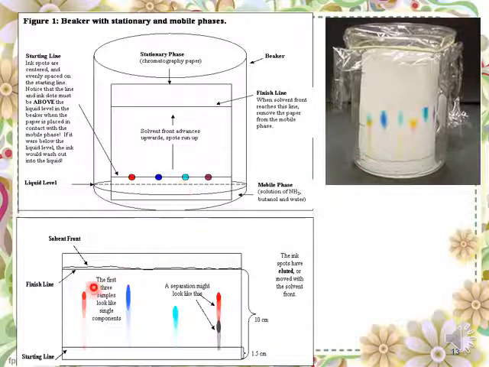After the mobile phase has moved upwards through capillary action, the first three spots look like single components: the red one, the blue one, and the turquoise. However, for the fourth one here, we can see a separation.